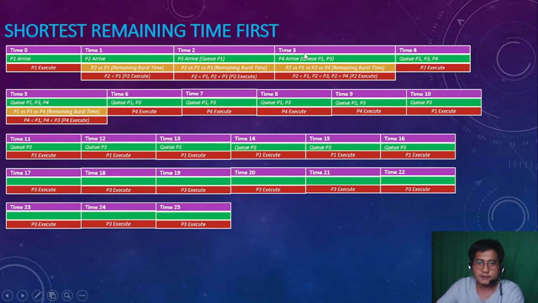So at around time 3, the current burst time of P2 is 1.